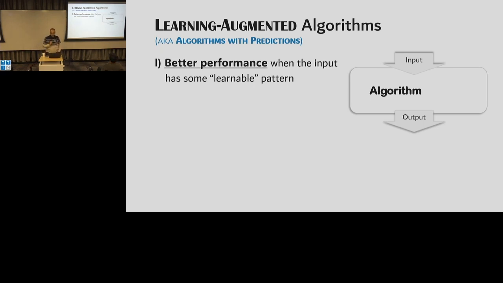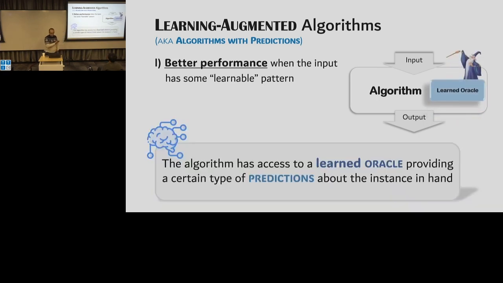We would like to design algorithms that have better performance when the input has some nice patterns, which is what machine learning is very good at detecting. The way we abstract exploiting the pattern in the data is via access to a machine learning oracle. We assume that the algorithm has access to a learning oracle that provides some extra information about the input to the output.